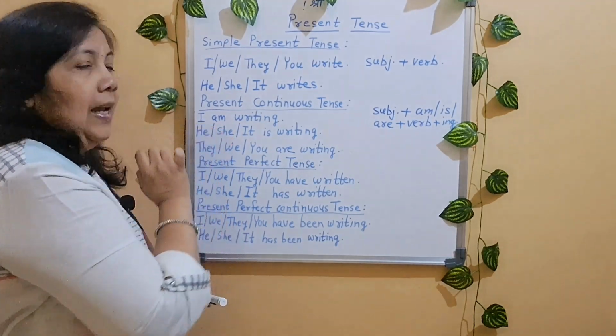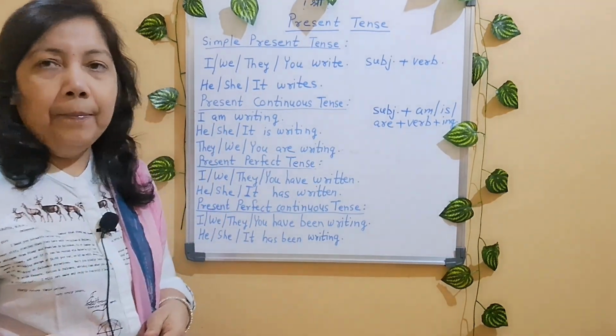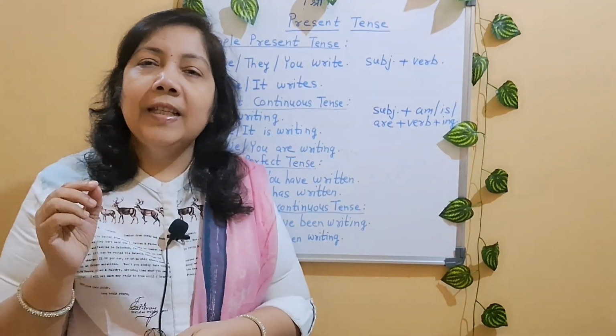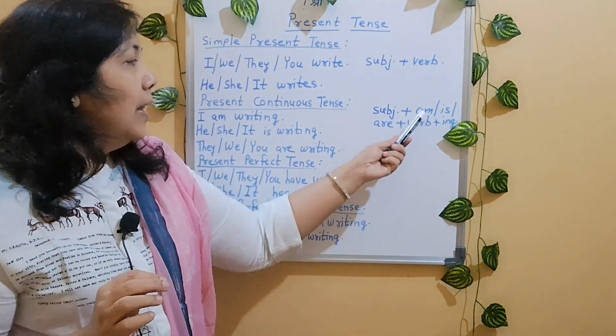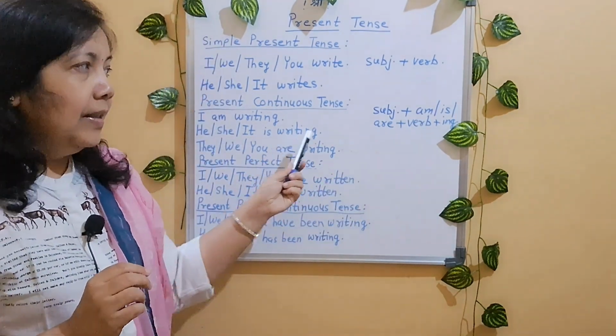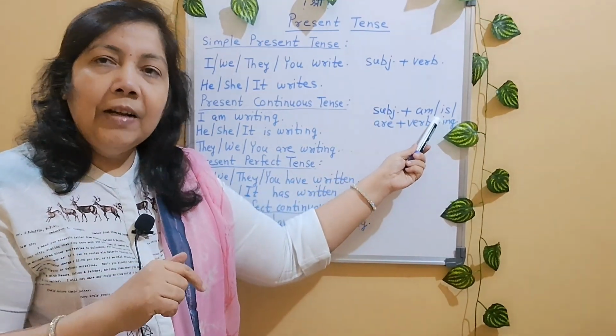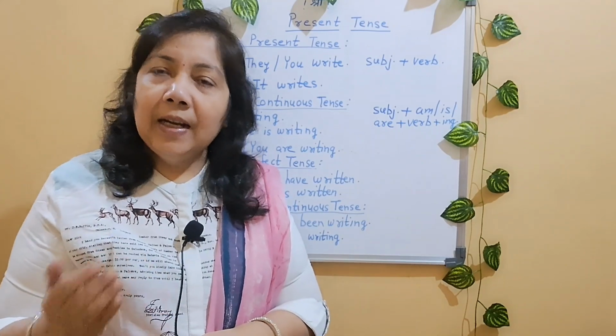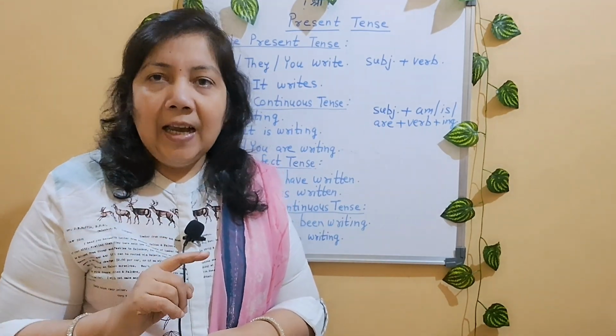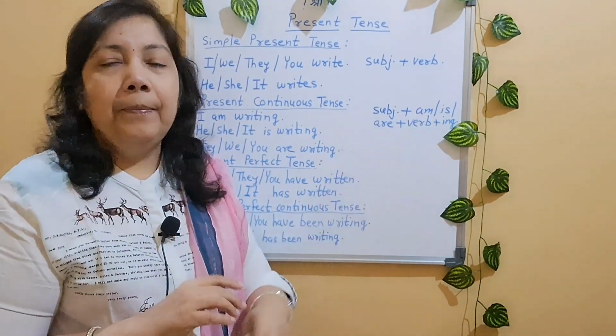Subject here is I. I am. For I, always in present tense, am comes. I am. Then verb, write. And ing is added to that verb, so it becomes writing. I am writing.